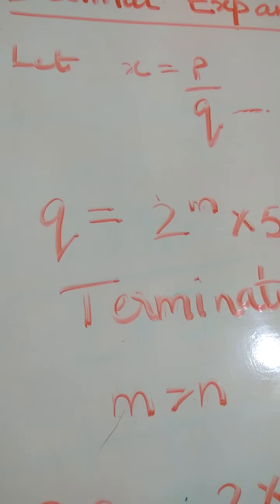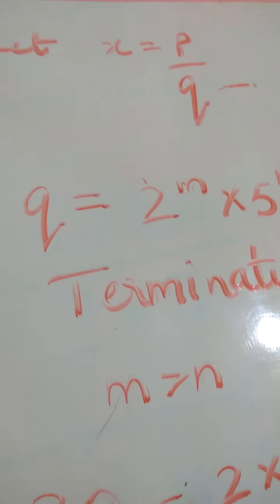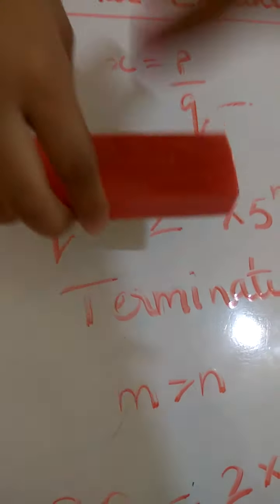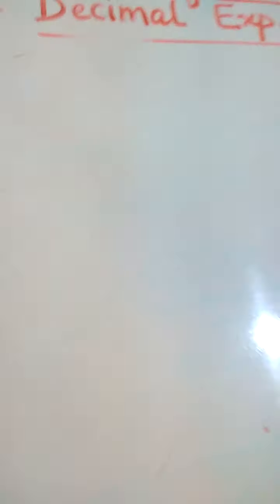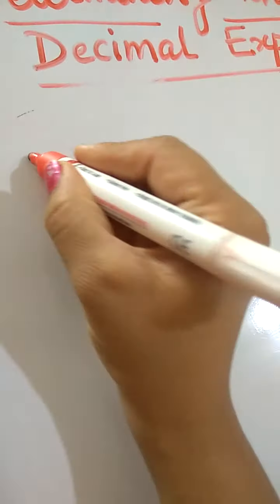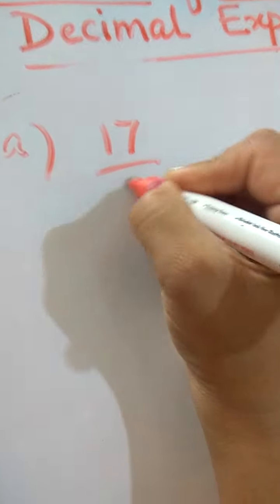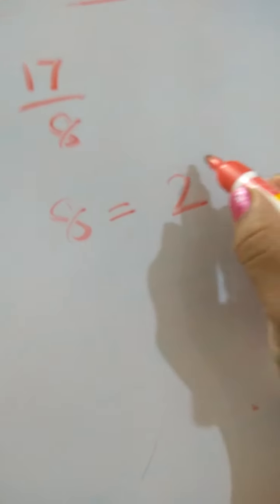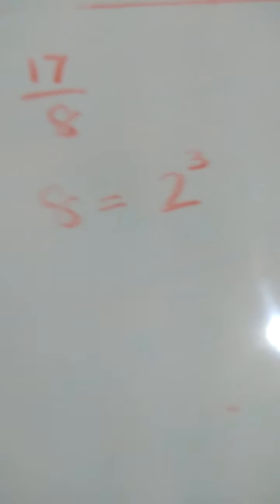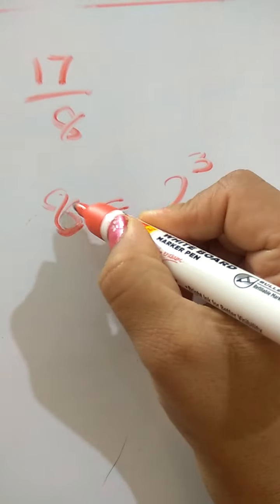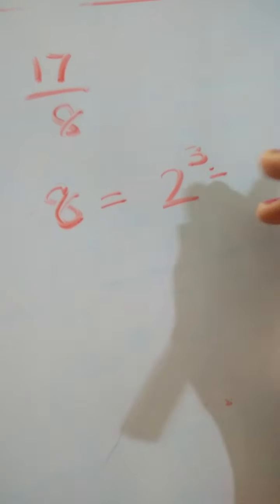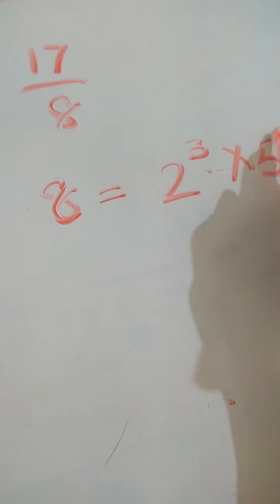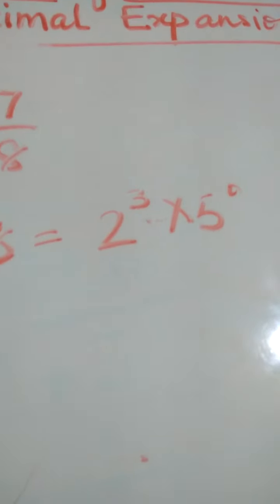The first question is 17 upon 8. So let's check the factors of 8. The factors of 8 are 2 into 2 into 2, that is 2 cube. So I can write 8 in the form of 2 cube and 5 raised to the power 0.